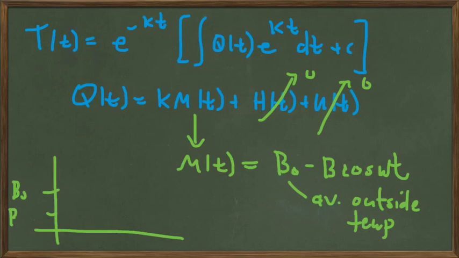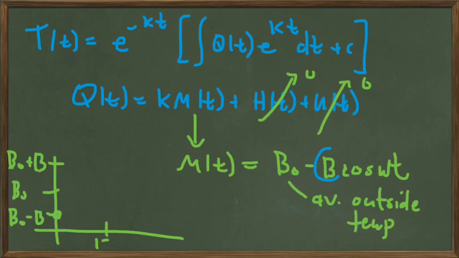Let's make this B0 minus this other constant here, B, and let's make this B0, the average outside, plus B. So at time 0, given that this is a cosine function, cosine of 0 is 1. So it becomes B0 minus B times 1, so our initial temperature is right here.